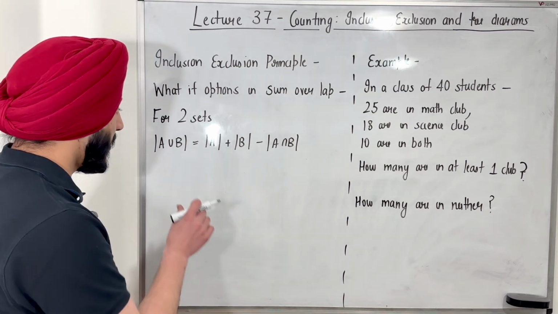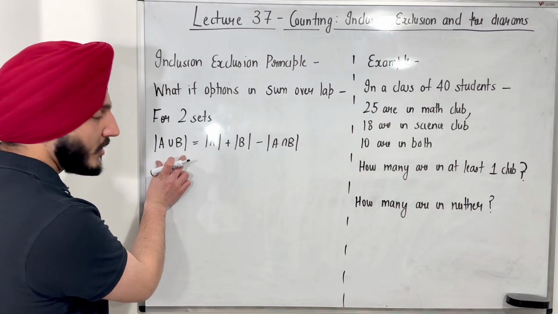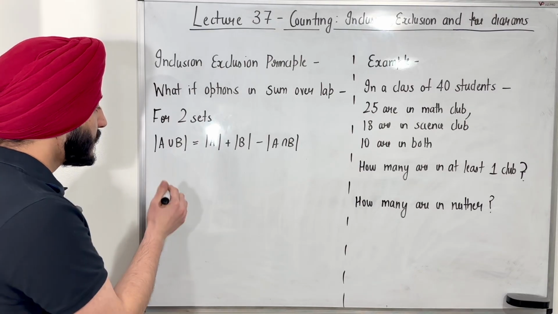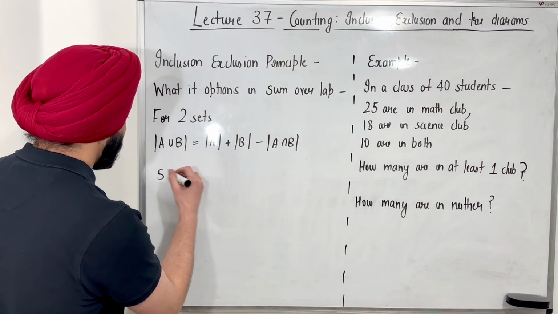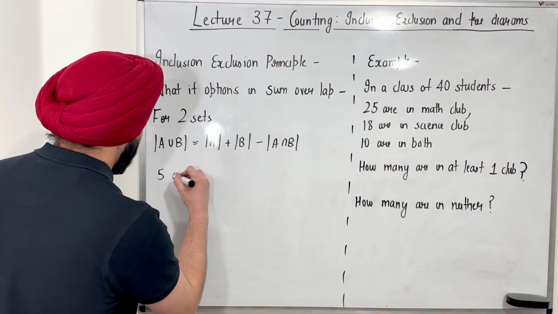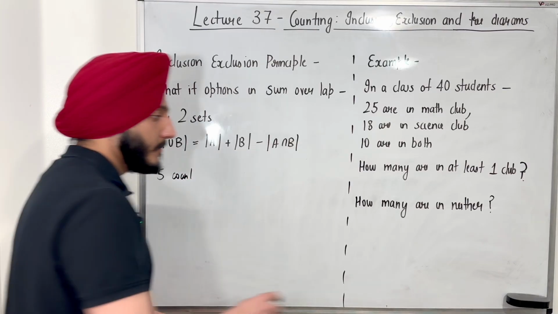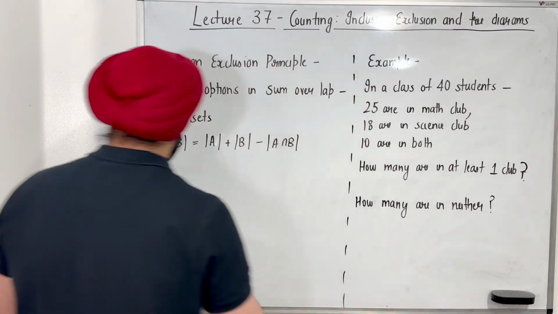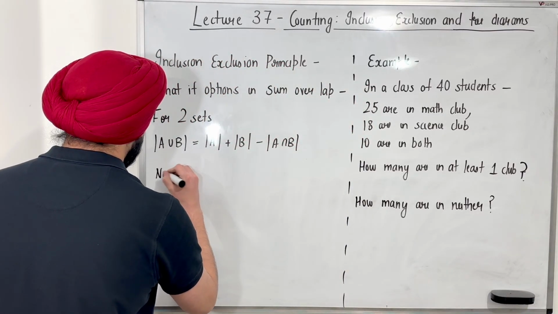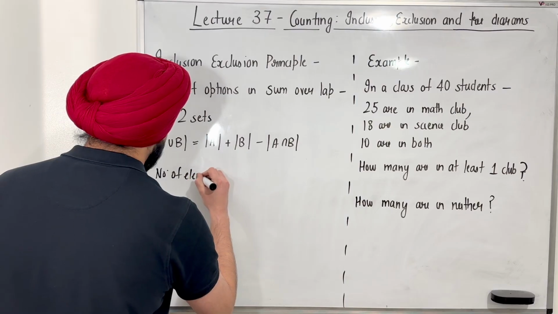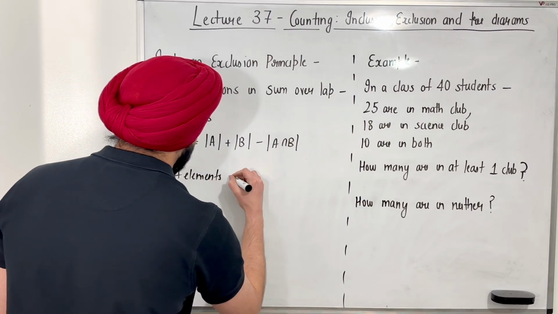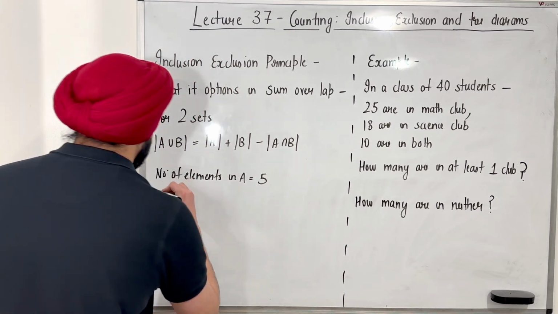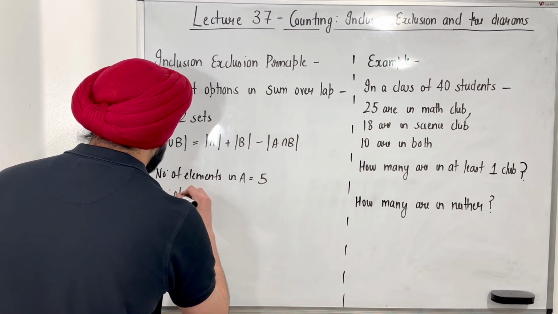Okay, so let's try to remember one more thing from sets, right? If you remember, for 2 sets, if we take a union of 2 sets and try to count how many elements are there, let's say the number of elements in A equals 5, right?